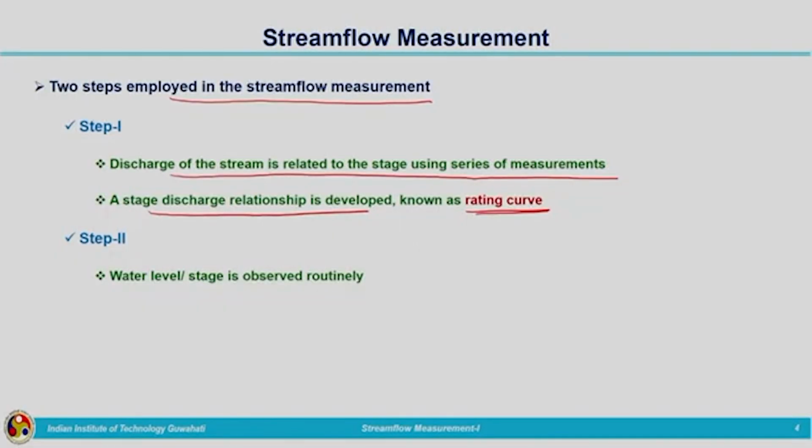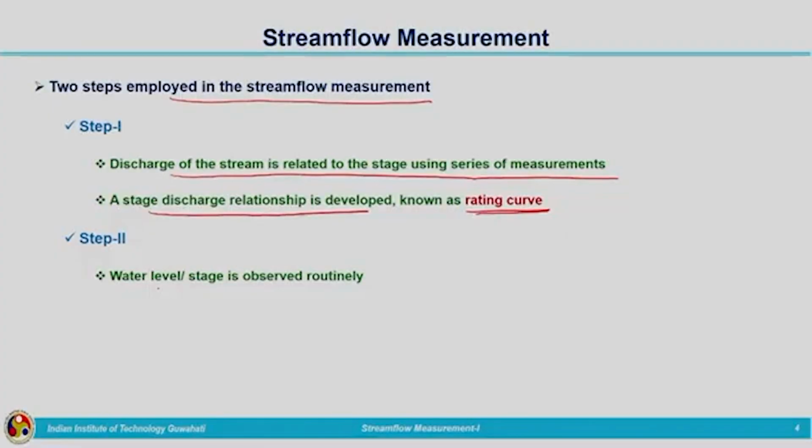Then in step 2, after formulating the rating curve, after a certain time period, maybe in a different season, we will be measuring the water level or stage, and the discharge corresponding to that stage will be noted from the rating curve. So, every time there is no need to go for measurement of discharge, that is, measurement of stage and velocity. Only stage is required if the rating curve is already formed for a particular gauging station.